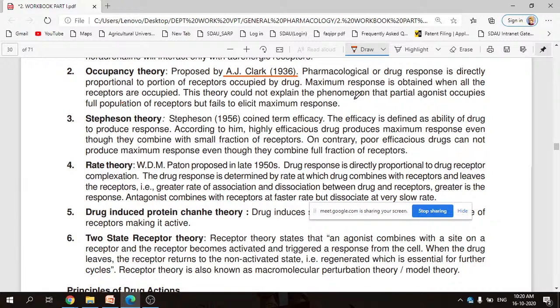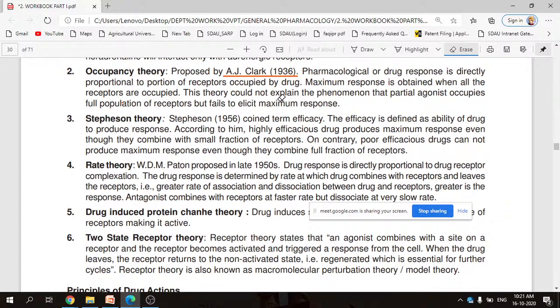So the maximum response is observed when all the receptors are occupied. Very simple to understand, there is nothing to complicate. Now, what is the drawback of this theory?